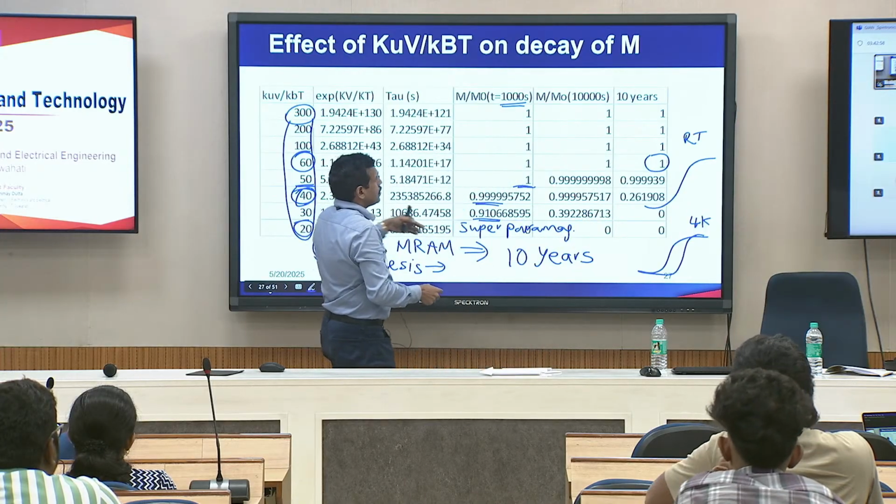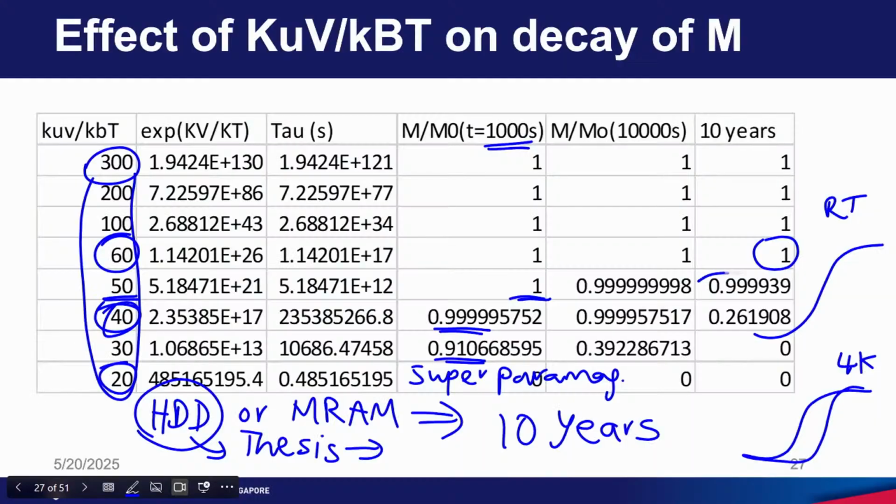Below 60, you will notice that after 10 years there is a drop in the magnetization, which is not desirable. So, usually hard disk drive makers ensure that your KuV by kBT is at least 60, so that your data is stable for 10 years.